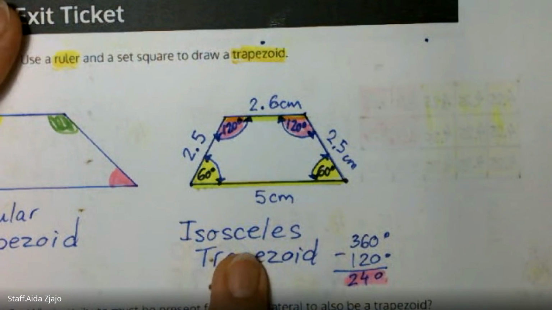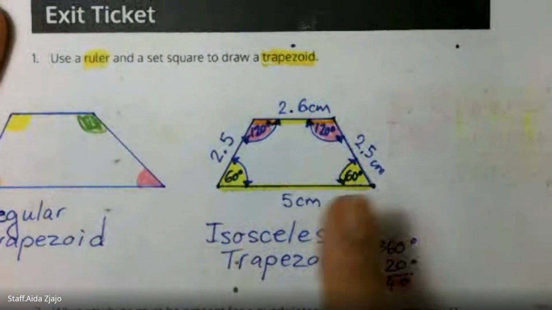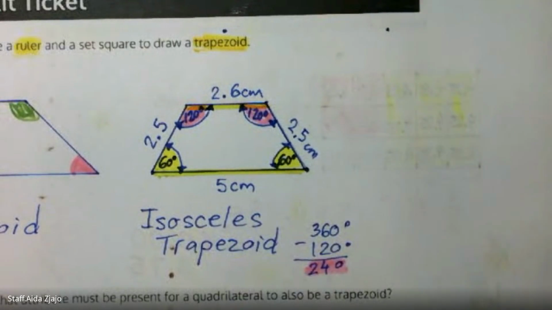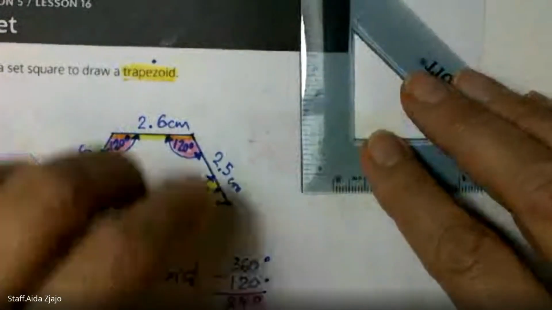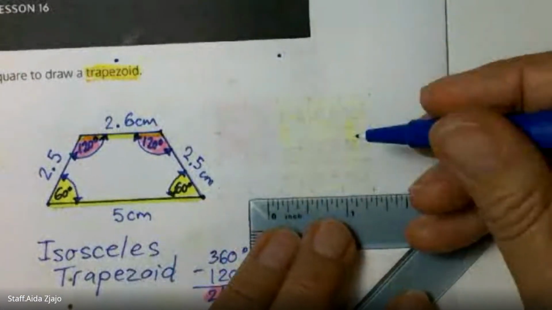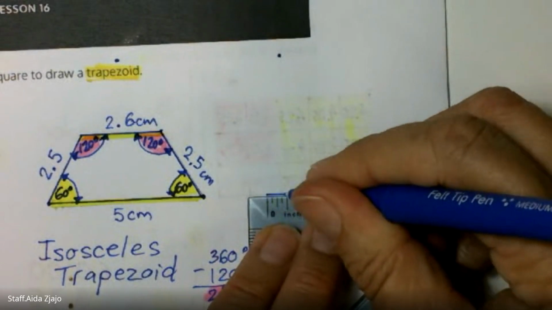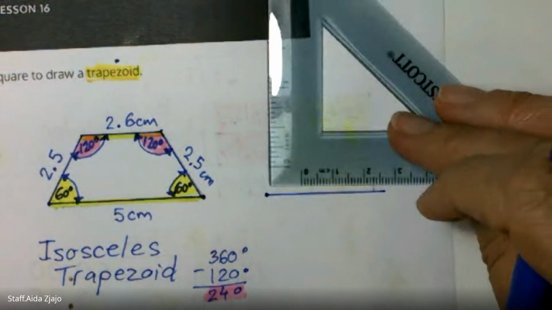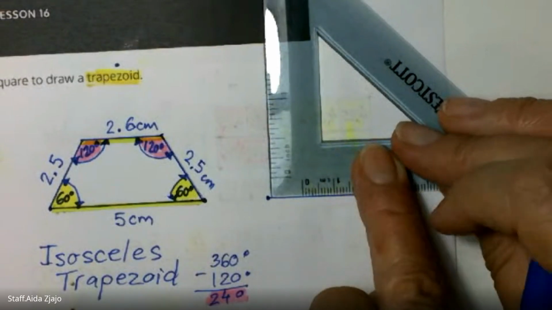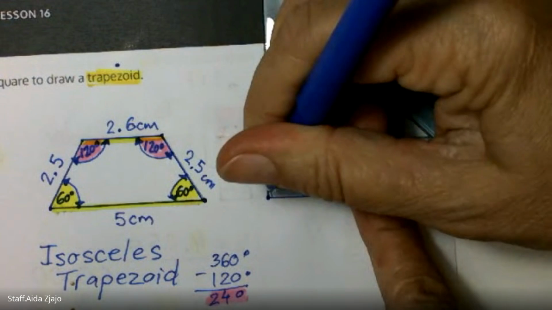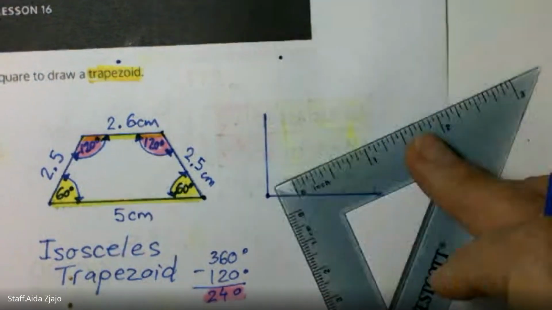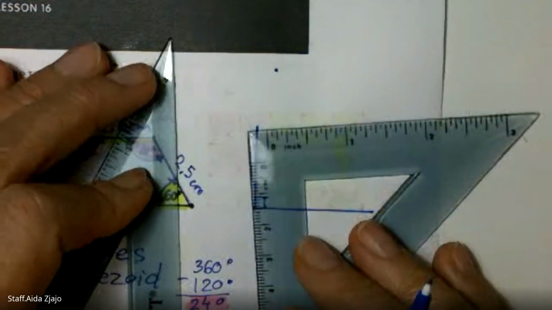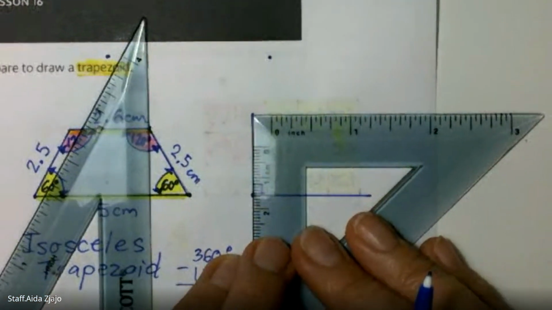Okay, this was called an isosceles trapezoid, and now we're going to talk about a right trapezoid. A right trapezoid has a right angle. If I take a line segment and start right here, I'm going to create a right angle with my ruler, and this little triangular ruler is exactly what I need. Here is the right angle, and I need another one on the top.